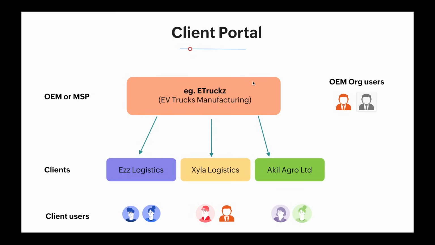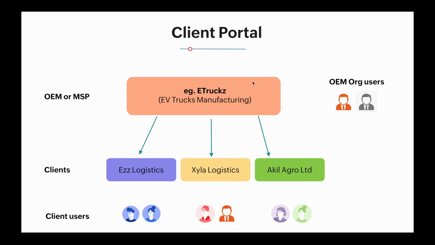For example, take a scenario where e-trucks is an OEM manufacturing EV trucks, and they have clients like Easy Logistics, Xyla Logistics, and Agro. They deliver these trucks to their clients, and these clients will have multiple users within their space, right? So there can be a client administrator, and a client operator level of users.